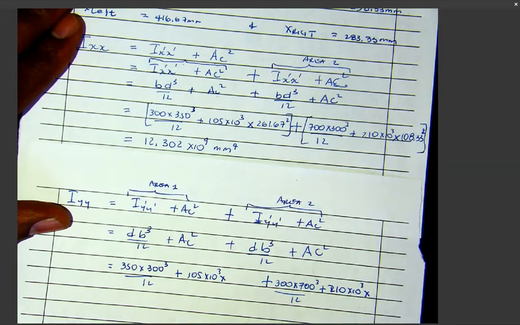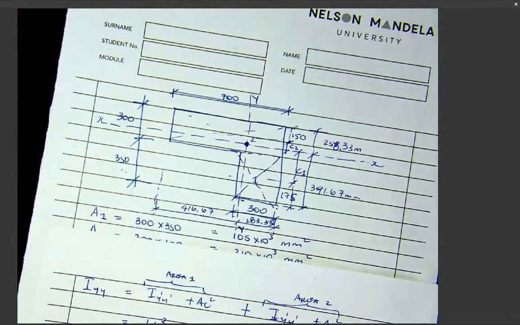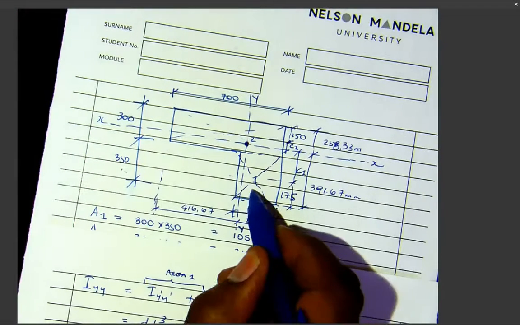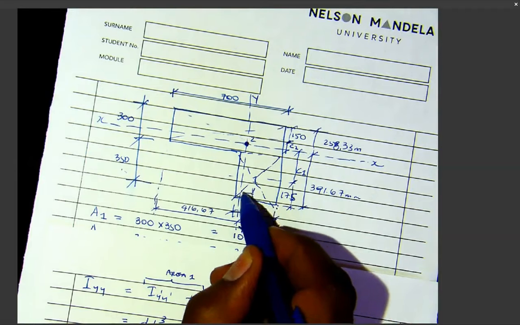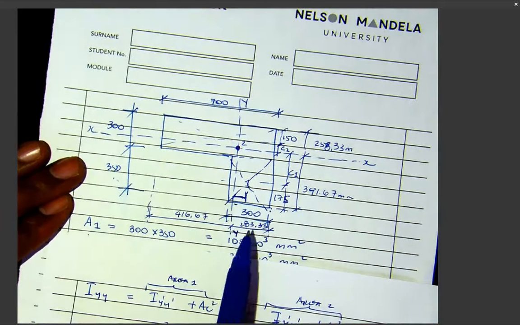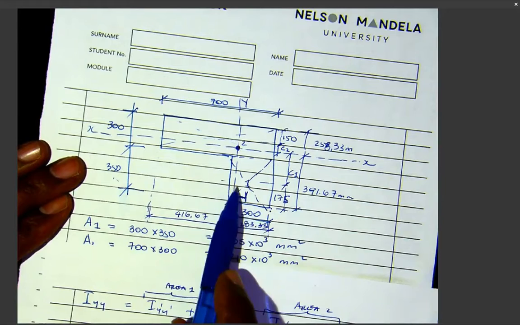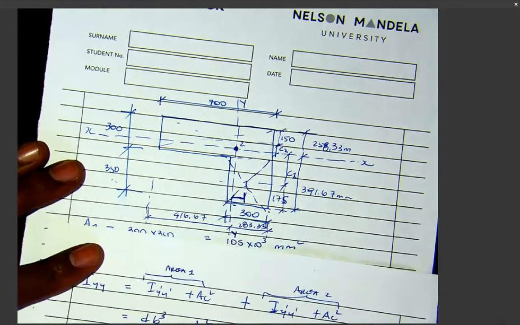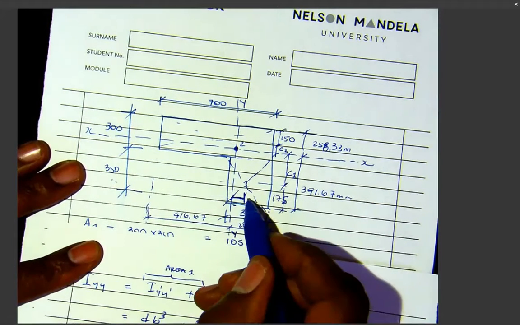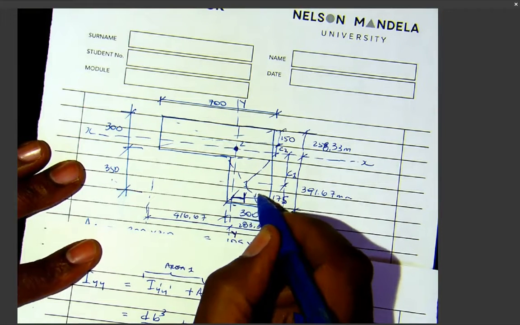So I'm looking now at my C values. Remember, now we're looking at X, so I want the distance from here to there. This is the distance I refer to as C, that's causing the moment that's causing this section to rotate. That distance is half of 300, which is 150.